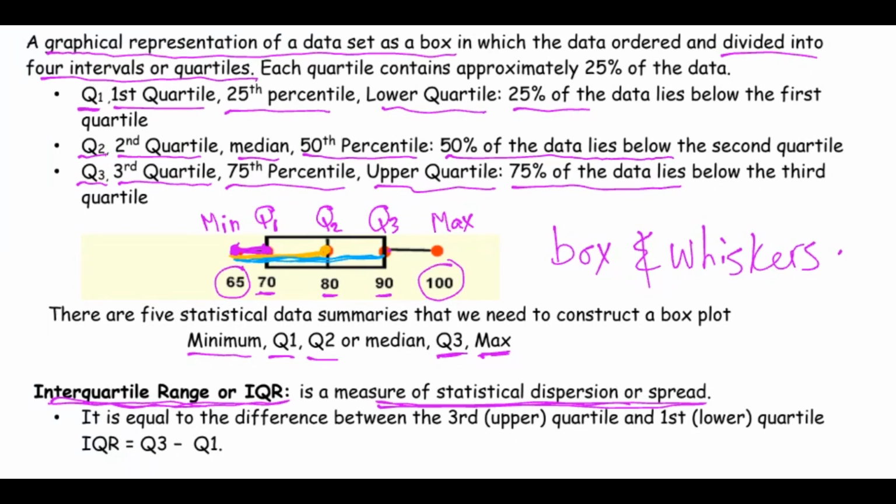In lesson 2, we talked about the standard deviation and the range. And today we're going to talk about the third one, which is the interquartile range, or the IQR. The IQR is the difference between the third quartile and the first quartile. So basically it's the value of Q3 minus Q1.